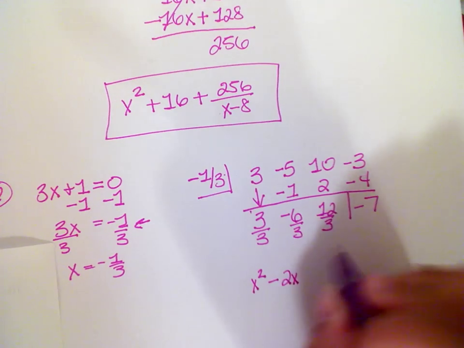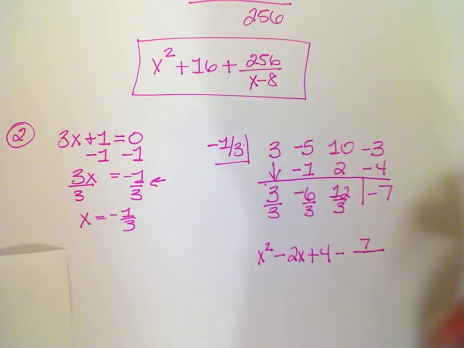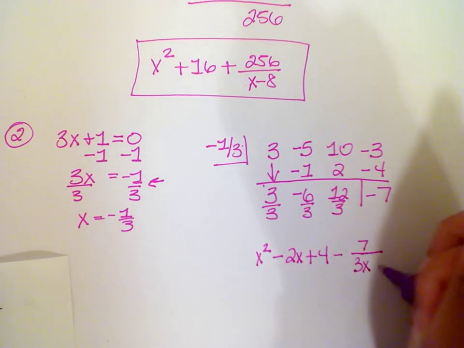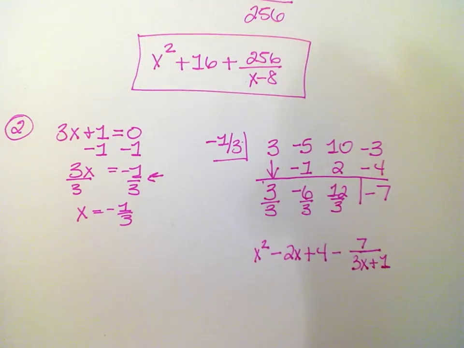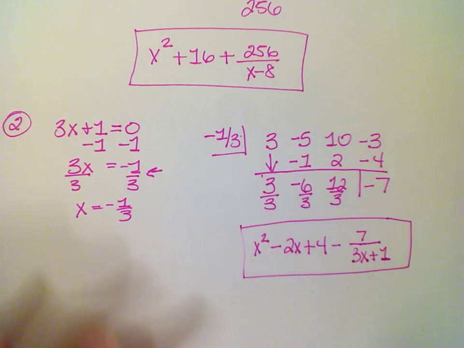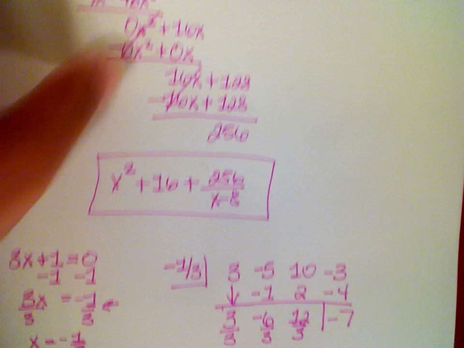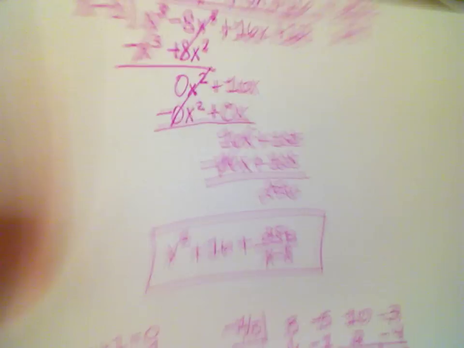So x squared minus 2x plus 4 minus 7 over our divisor, which was the quantity 3x plus 1. So then this is our answer. Alrighty, so now let's take a look at number 3.